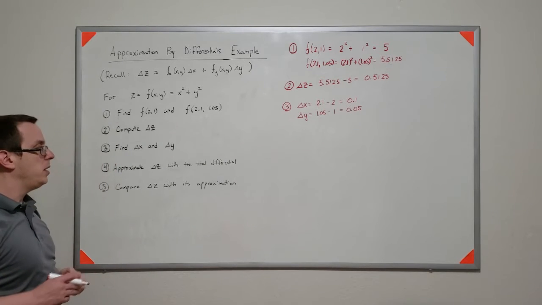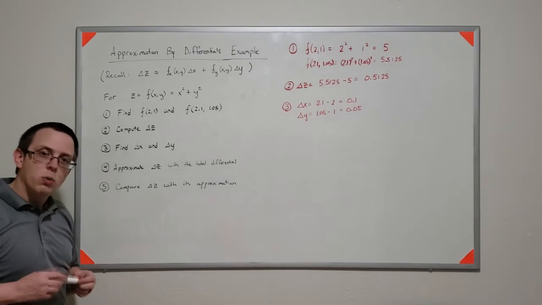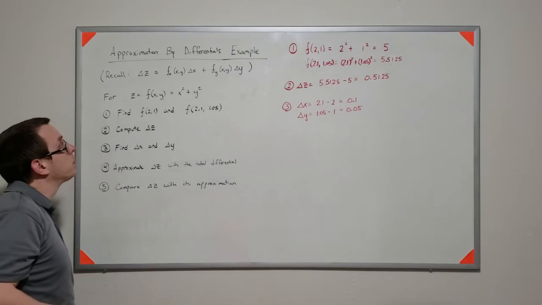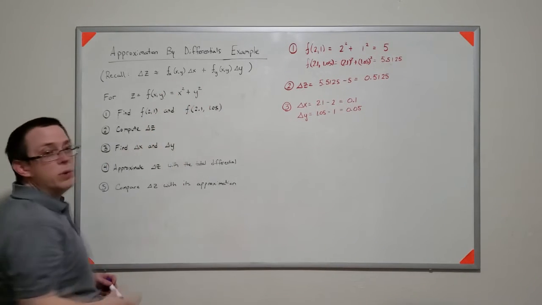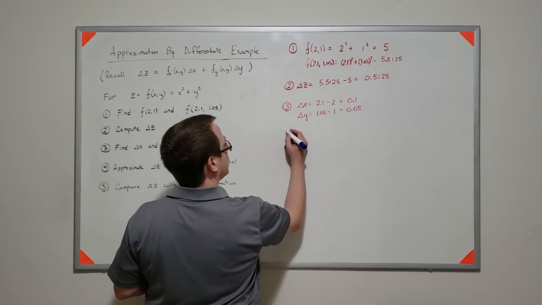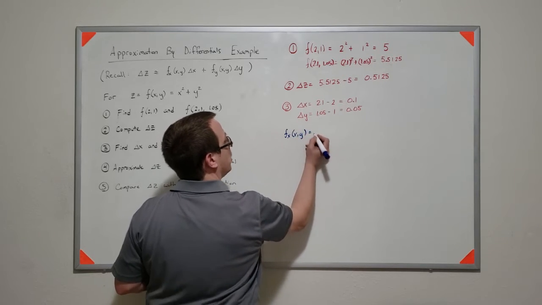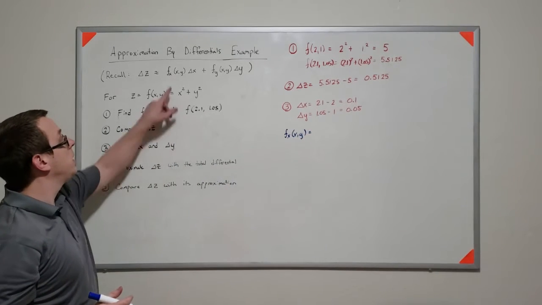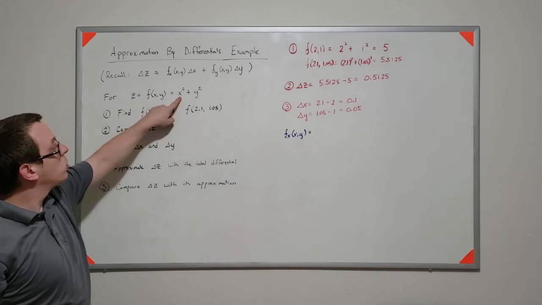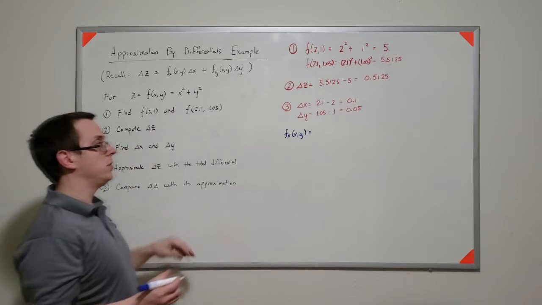Now we want to approximate delta z with the total differential, but to do that we need some information. We need fx and we need fy. fx is the partial derivative with respect to x, that's 2x. Y is a constant, so that derives to 0.